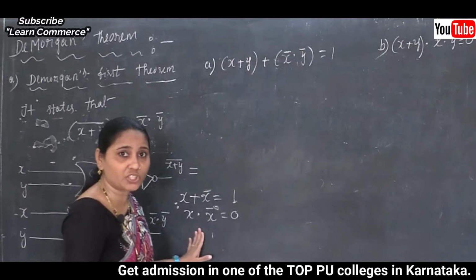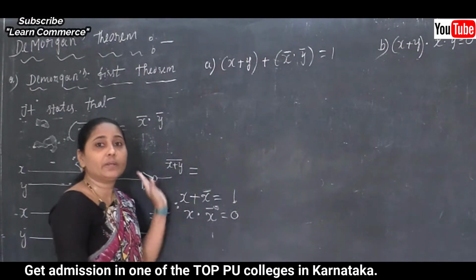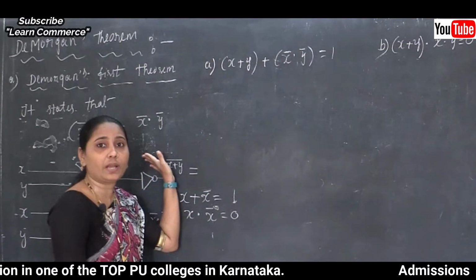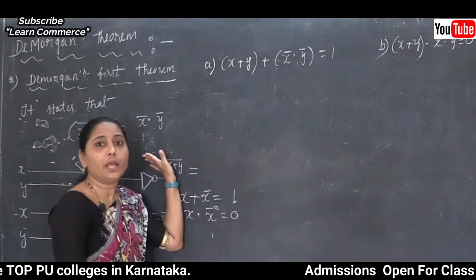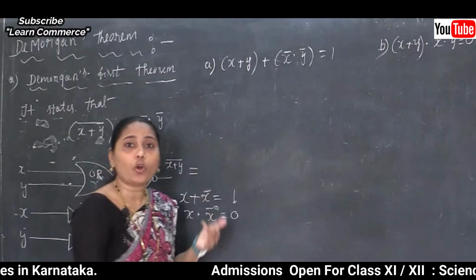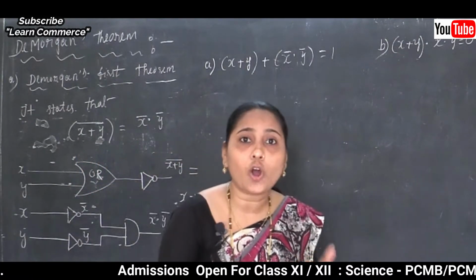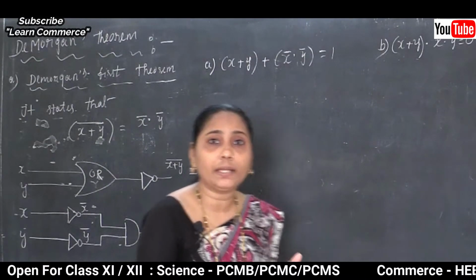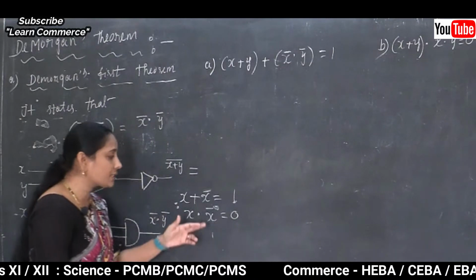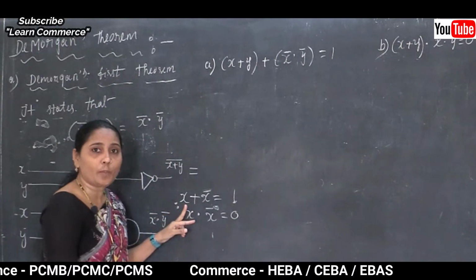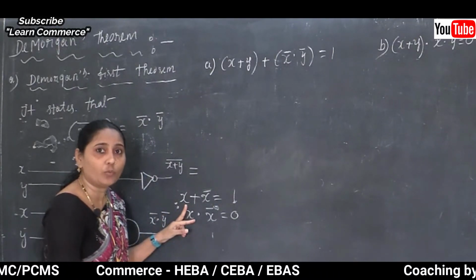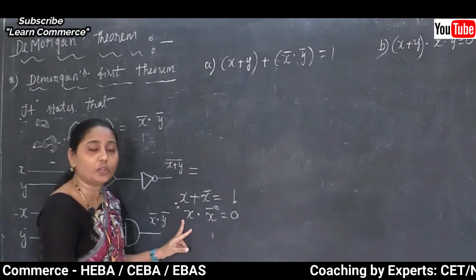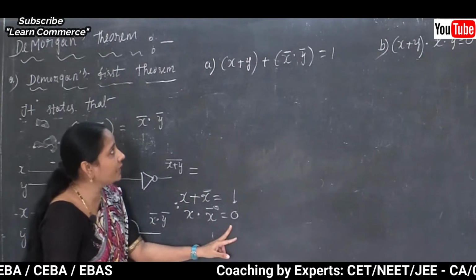Clear this point? When you are going to prove De Morgan's first theorem as well as the second theorem, we need to recall the law. The name of the law is the complementarity law, and this law states that x plus complement of x is equal to 1 and x and complement of x is equal to 0.